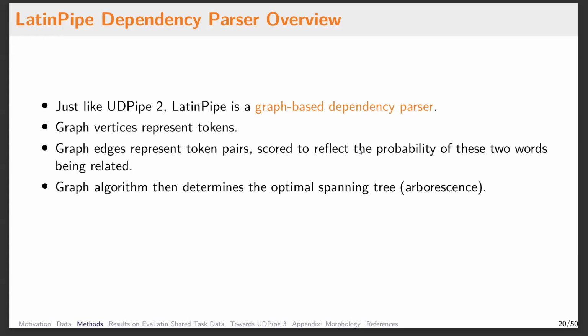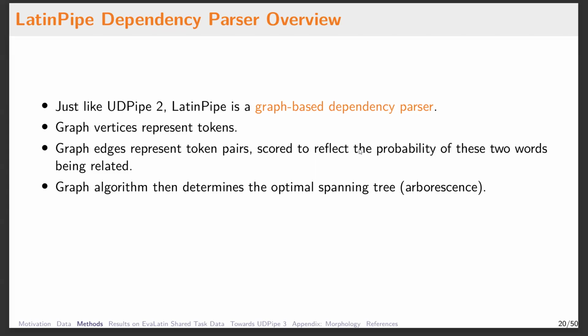And once you have these scores for each pair of the tokens, you can run a very deterministic graph algorithm that will find the optimal spanning tree or arborescence if there is not just one root. It's called Edmonds algorithm. I am not covering it here, but it's not deep learning, it's just a graph algorithm.